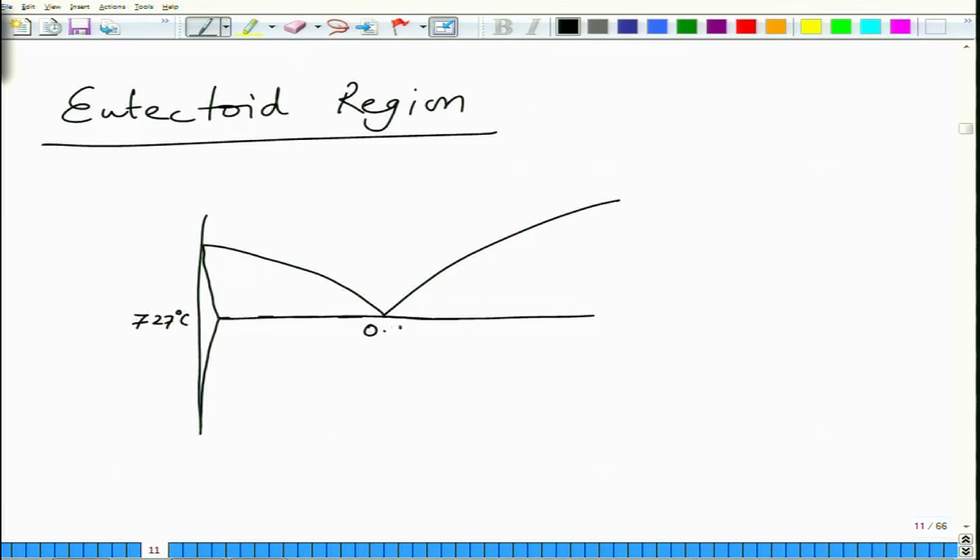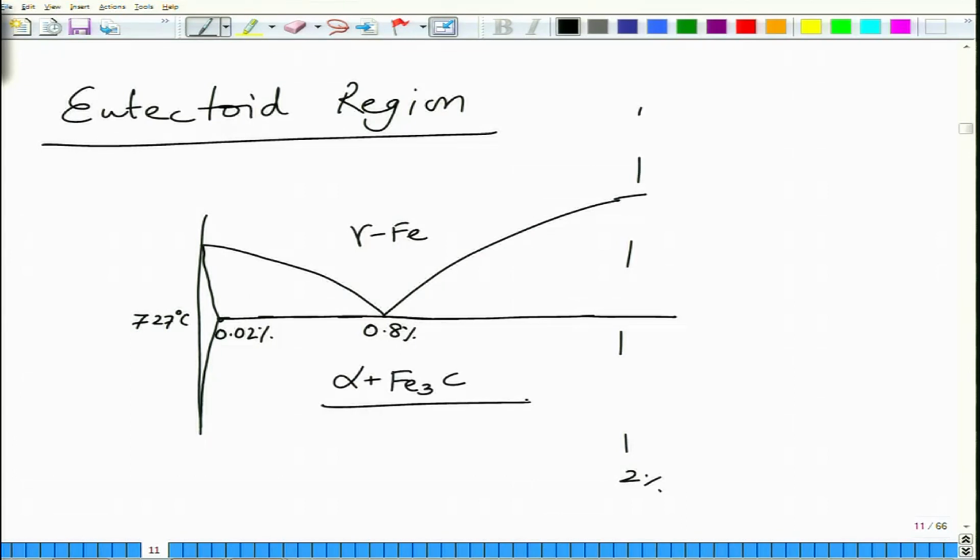So, this is nearly 0.8%, this is 0.02%, and this goes all the way. The interesting part of the phase diagram is only up to 2%. Okay. So, gamma iron, which is FCC, converts into alpha plus Fe3C, and this is pure alpha, this is alpha plus gamma, this is gamma plus Fe3C.